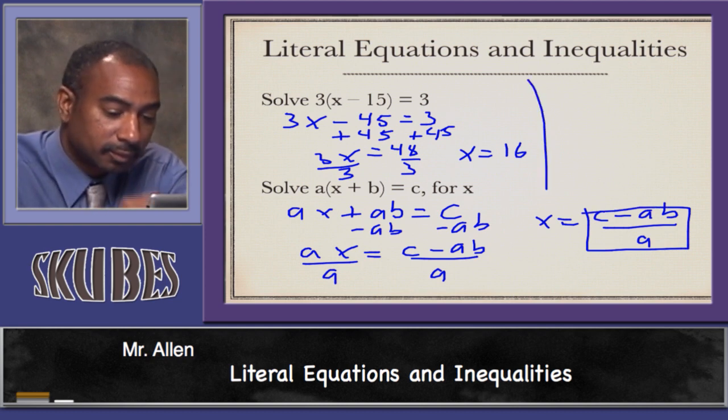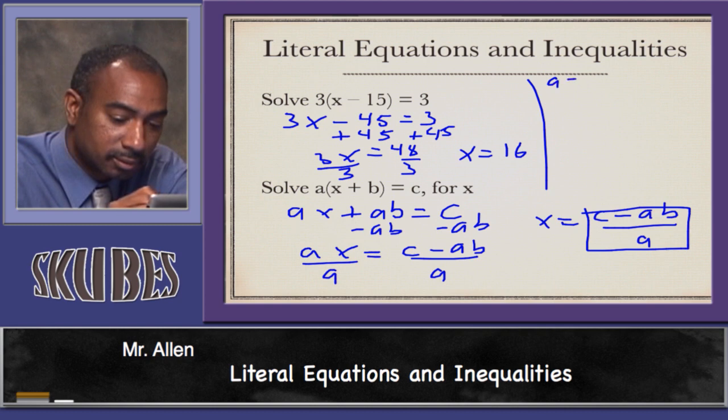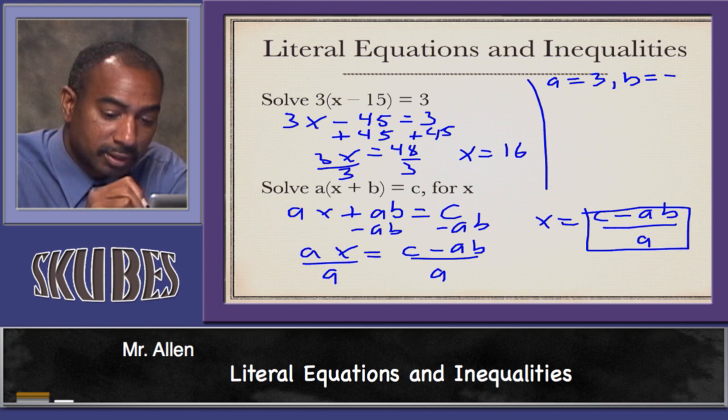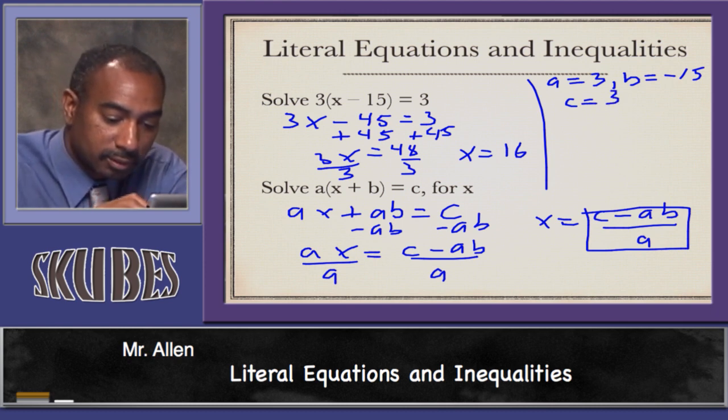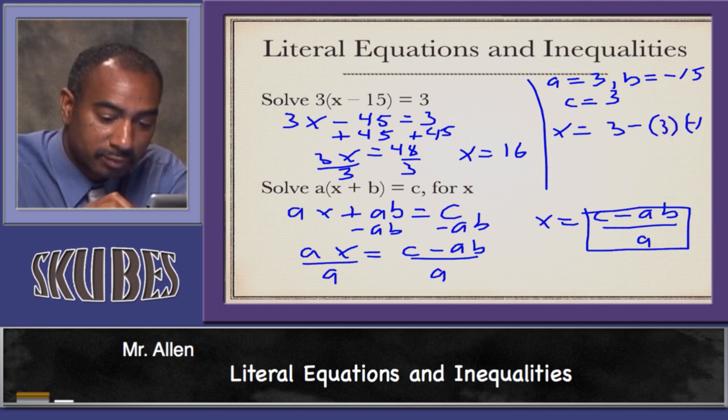And I can do the same thing. I could say that a is 3, right? I can say b is negative 15. Be careful, that's a negative there. And then c is also 3 here. So I can say x is equal to 3 minus the product of 3 times negative 15 divided by 3.